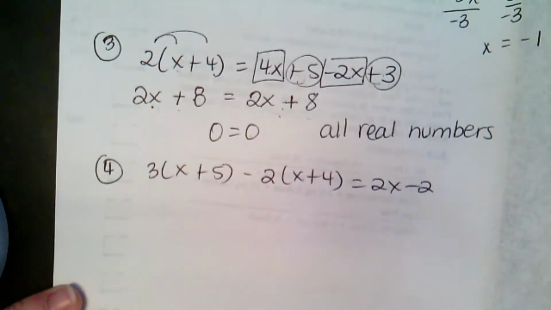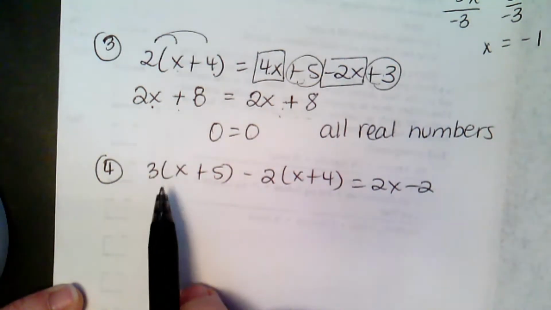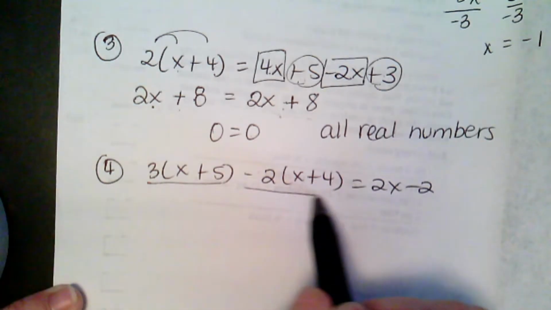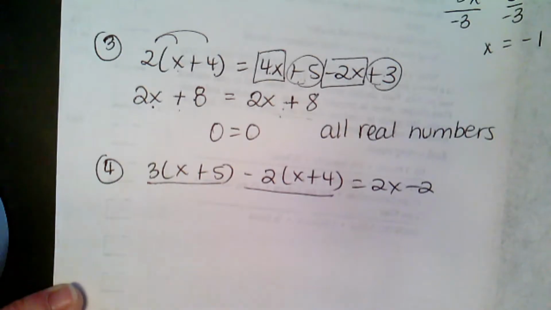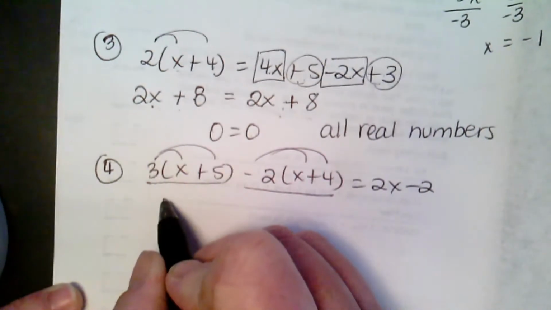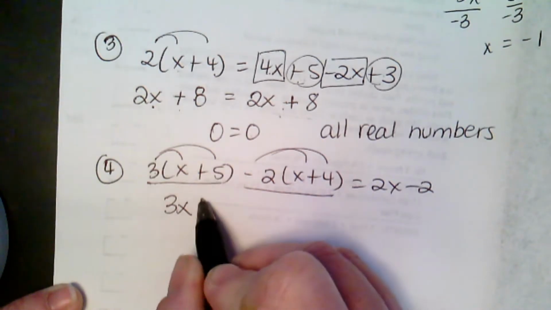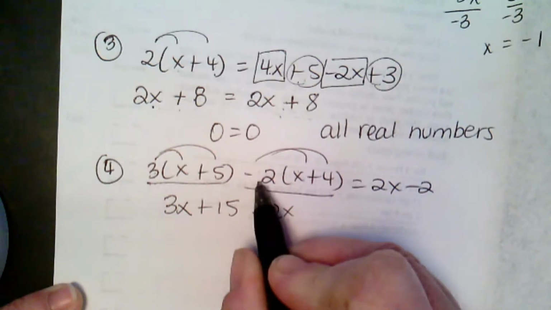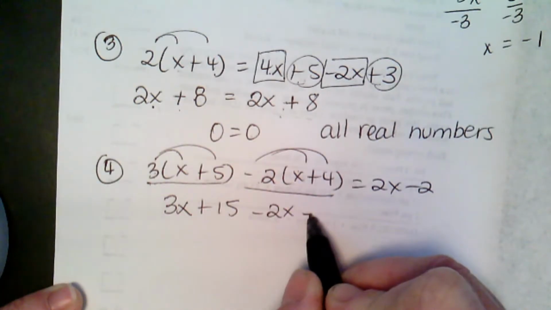Alright, so we want to simplify each side first. We need to get rid of the parentheses first, so we have 2 distributive property questions to work on first. So 3 times x, 3 times positive 5, negative 2 times x, negative 2 times 4.